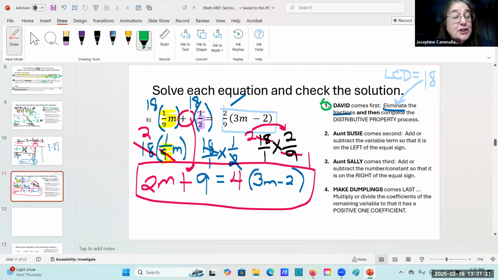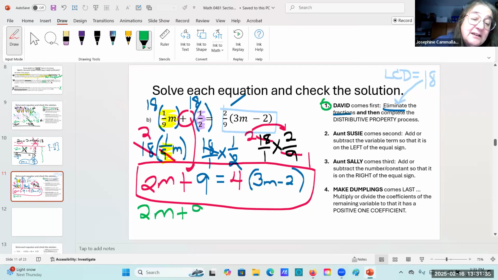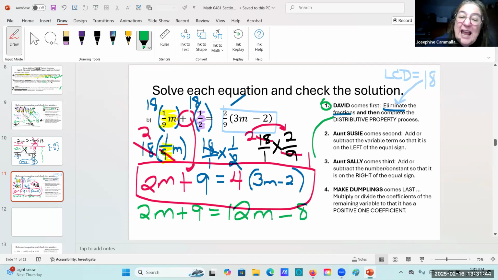And if you remember, distribute came in section 3.1, so it's something we've done in the past. We're now adding to what we've done. Now this gives me 2m plus 9. Now distribute 12m minus 8.